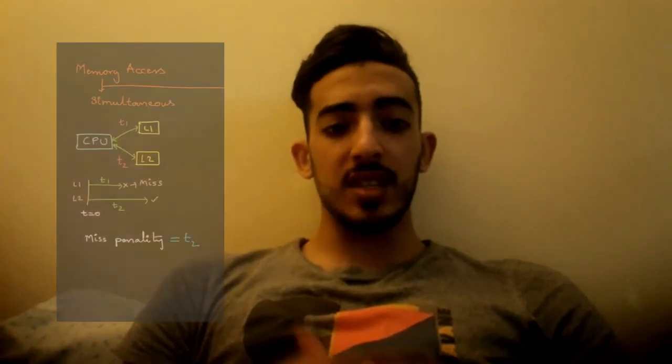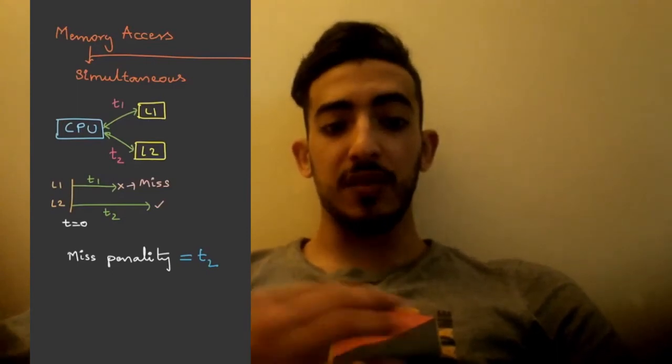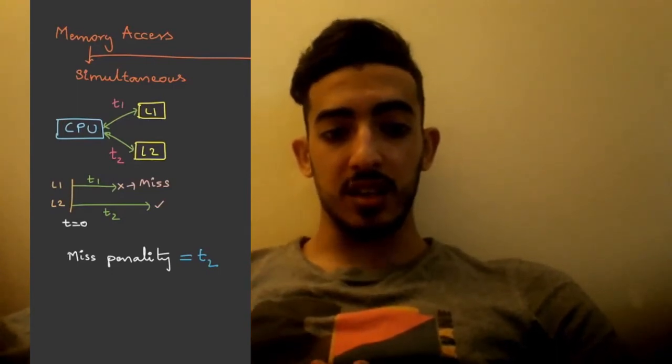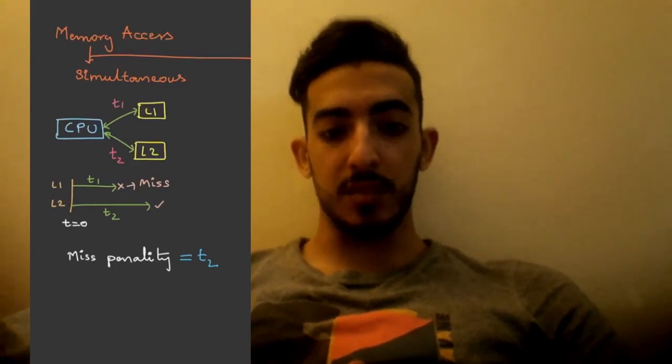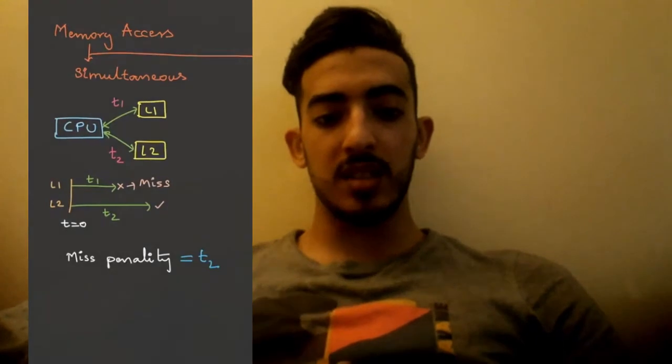This delay is called a miss penalty, which is the extra time to bring data from one level to another. Simultaneous access, which is the access time to cache or level 1, is T1, for example. It is faster, as we can see here, than T2, but the access is during the same time. So when a miss happens, the miss penalty, as we can see here, will be T2 in this case.